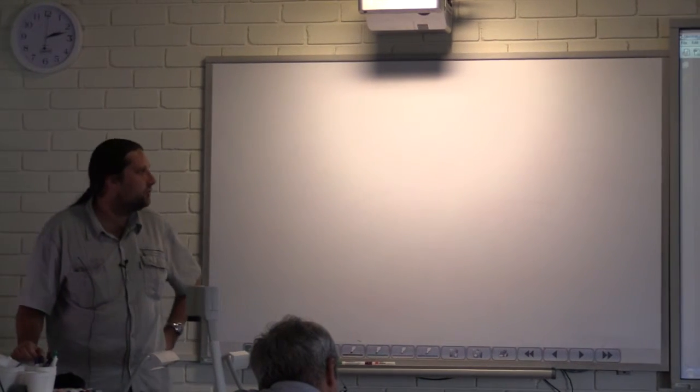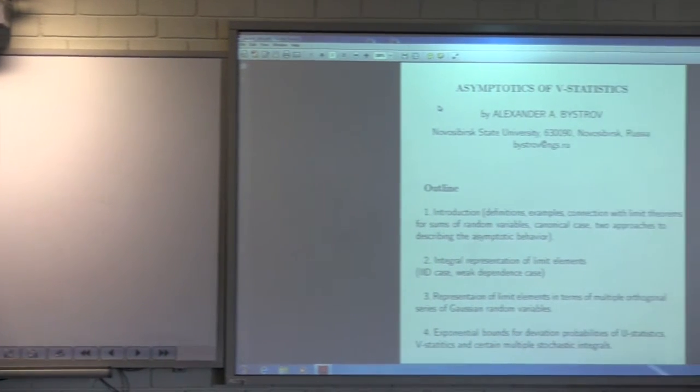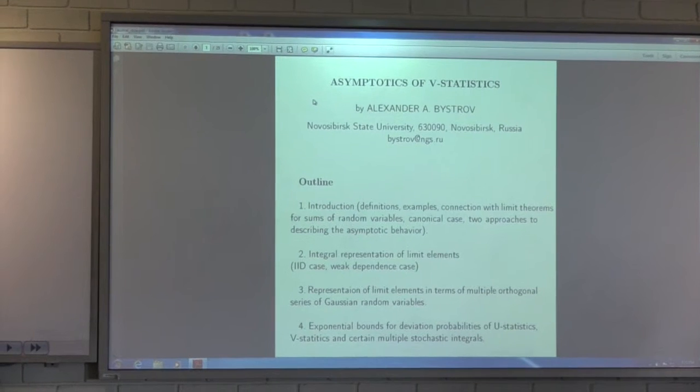In the first introductory part, I want to give some main definitions, examples, and to explain the connection with the classical limit theorems of the probability theory, and also to explain what is the case of canonical kernels of statistics.